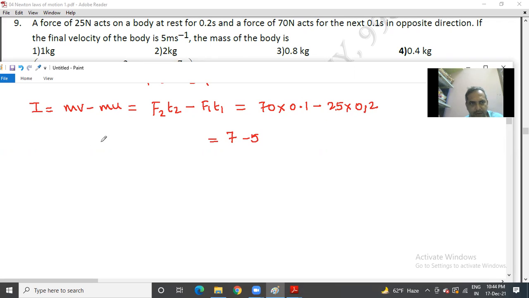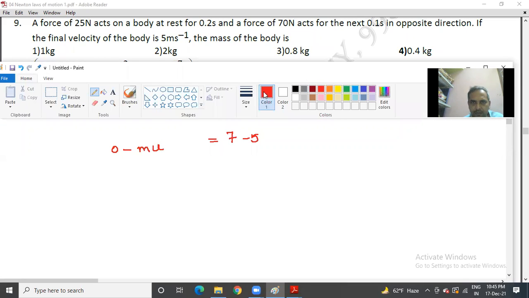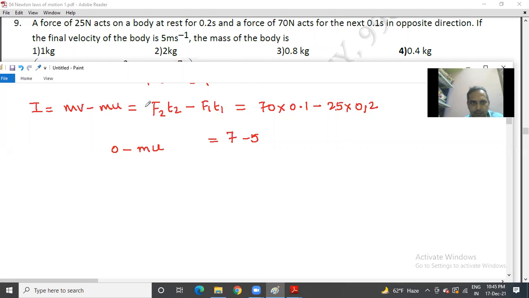On the other side you have the body going to be at rest. Body going to be at rest means the final velocity will be 0, and there might be an initial velocity. Now here also the force acting opposite to motion can be negative and this can be positive.